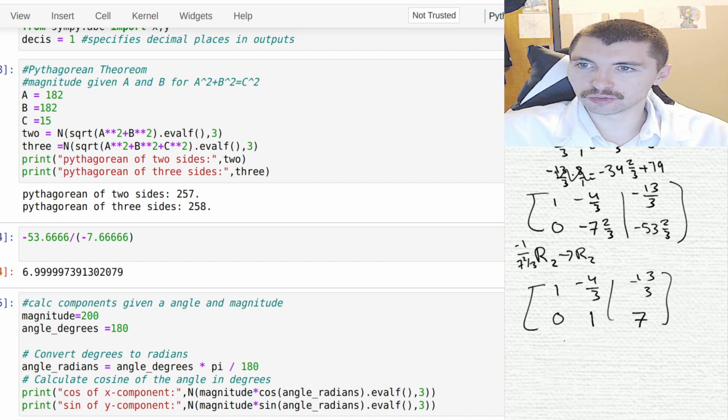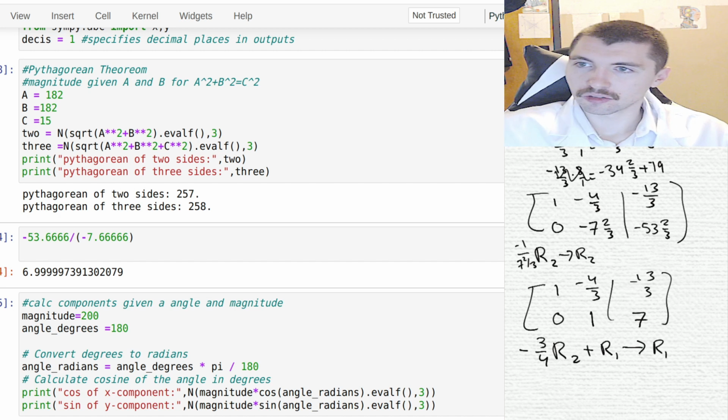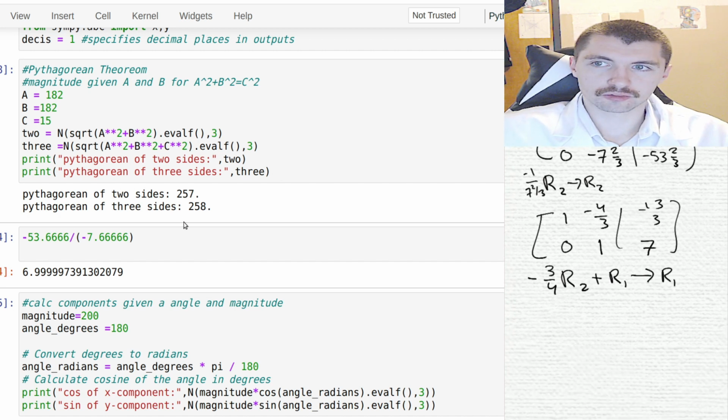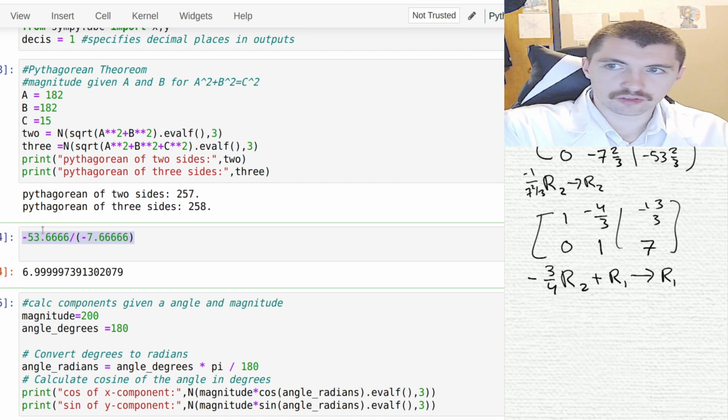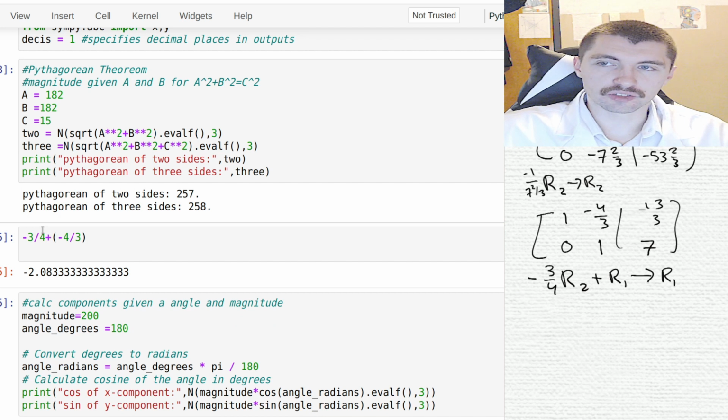So now we can do negative 3/4 plus negative 4 over 3 is negative 2.